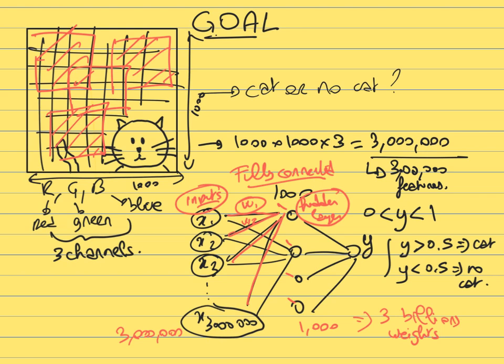It would be much more efficient to have a model that does not depend on where the cat is located, and that gives you the same answer independently of where the cat is located.